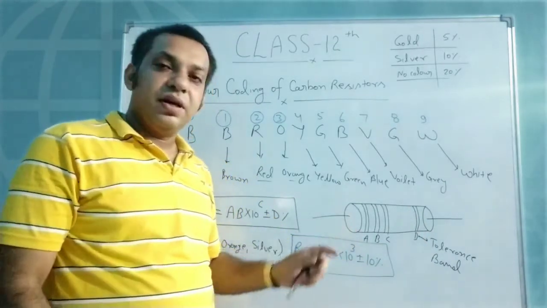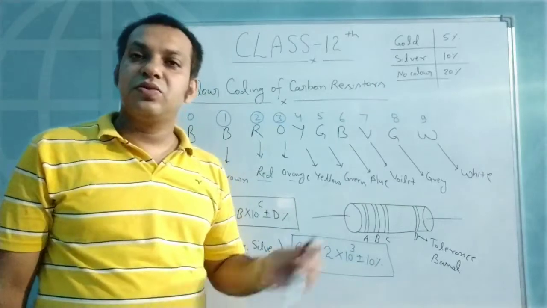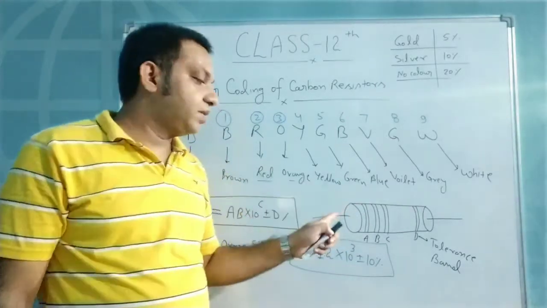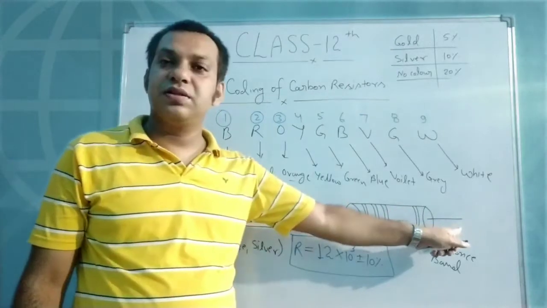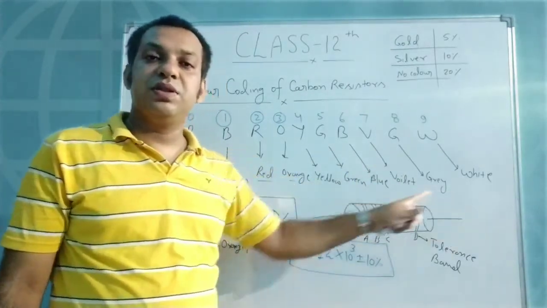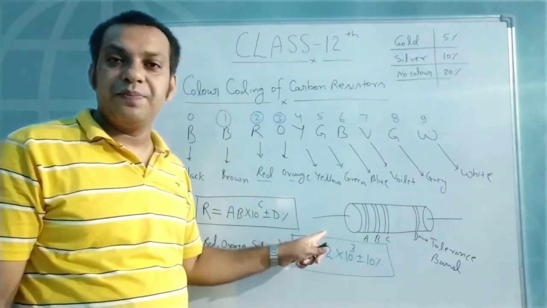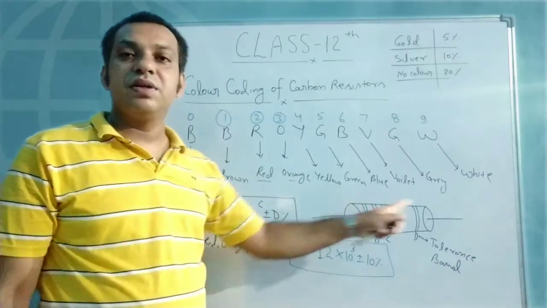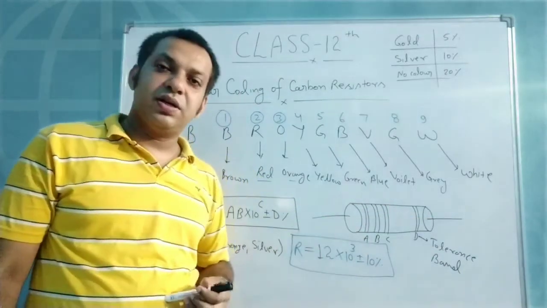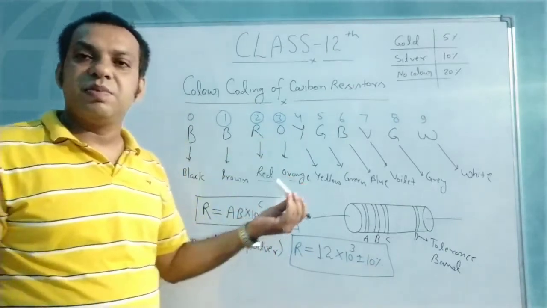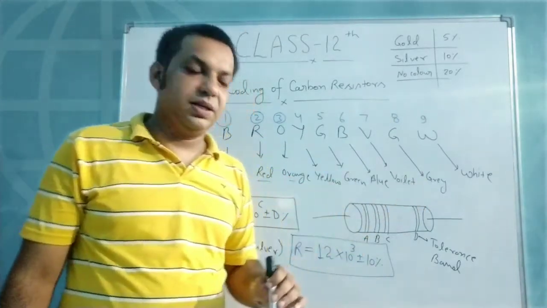In a resistor there is no plus and minus sign, because you can connect this end with the positive supply or this end with the negative supply, or reverse it. There is no fixed end. Any terminal can become positive, any terminal can become negative.